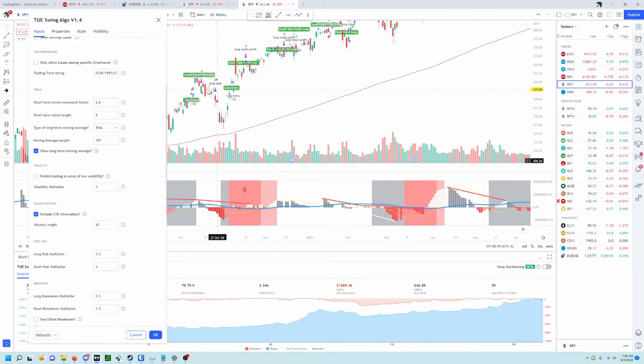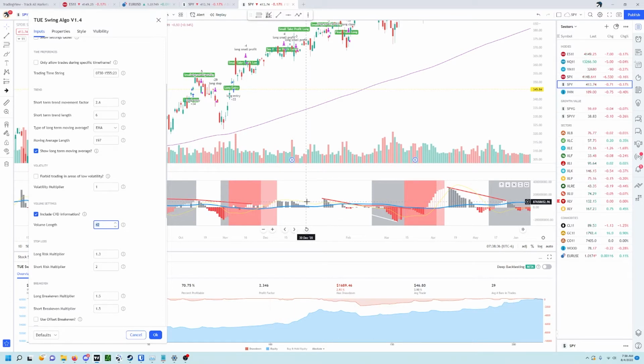So this here is my CVD indicator. If you don't know how the CVD indicator works, you're going to need to know for this section, so I highly recommend you go watch that video now and then come back to this one. Okay, volume length right here. There's only one thing to adjust, and it corresponds with the yellow line, the fast line.